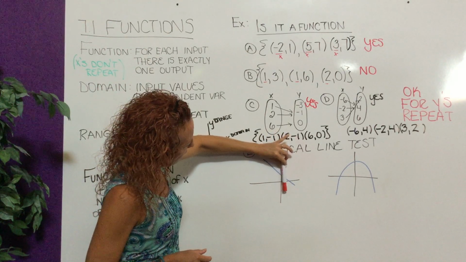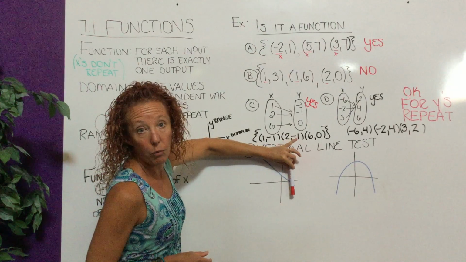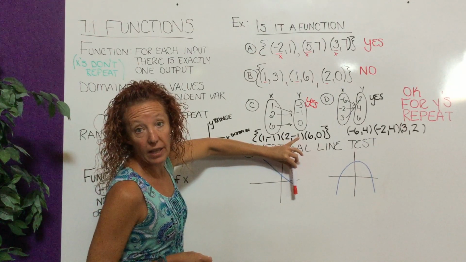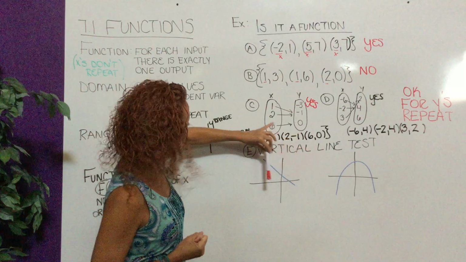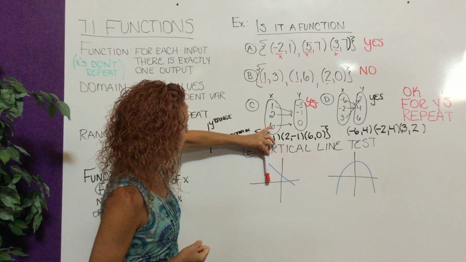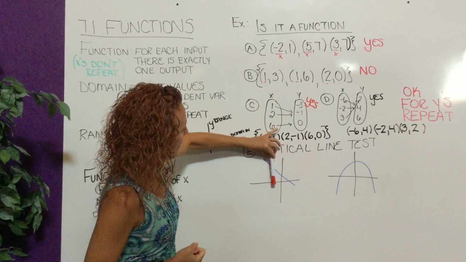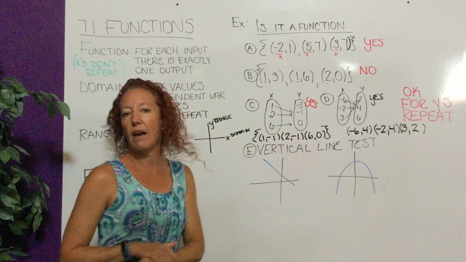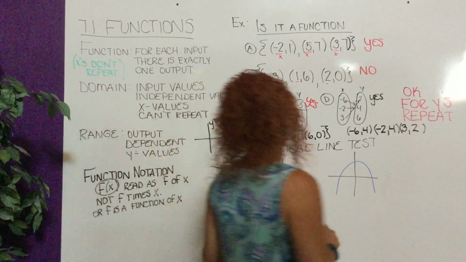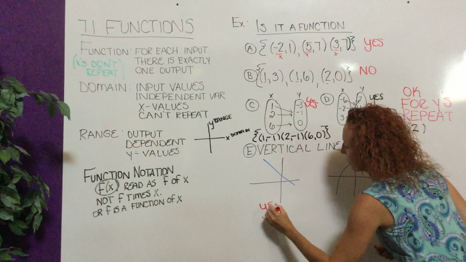And if you only ever cross that function once, then it is a function, or the graph, I should say, because we're determining whether or not it is a function. So you just run that along, and if you're only ever crossing it once, then it is yes.